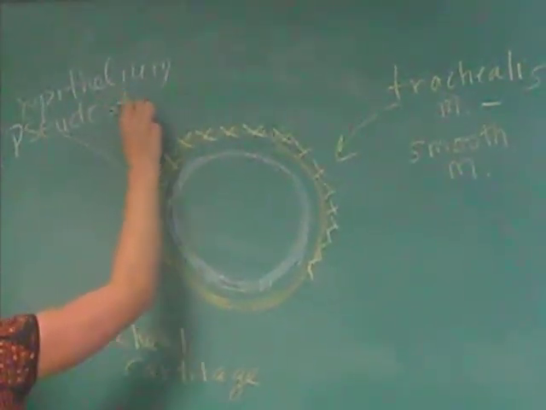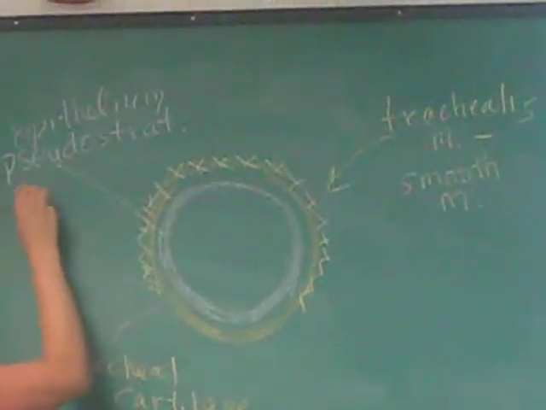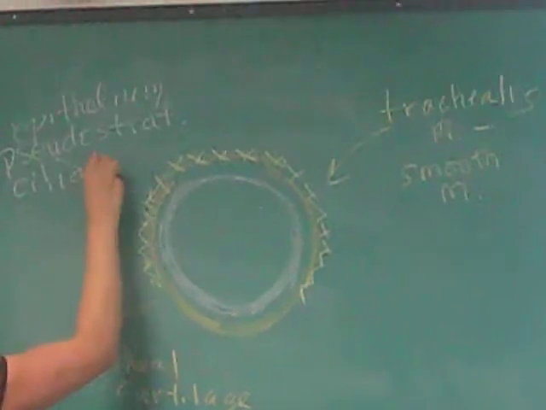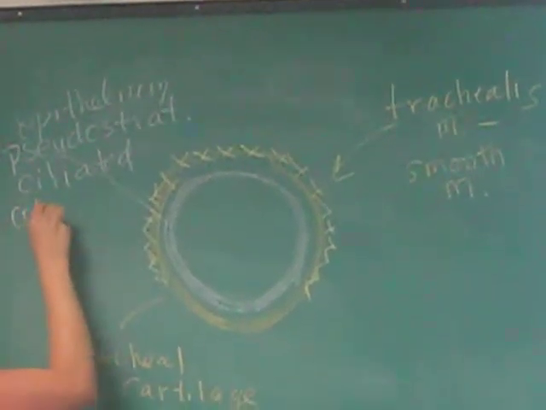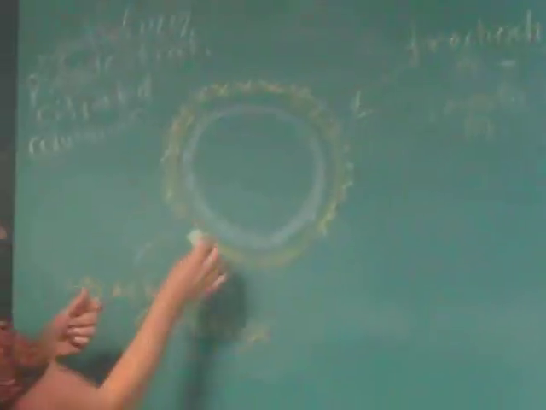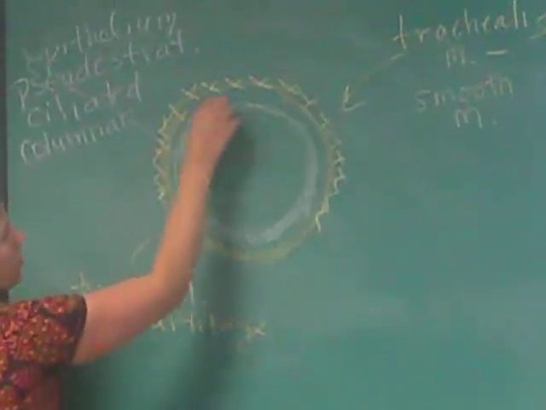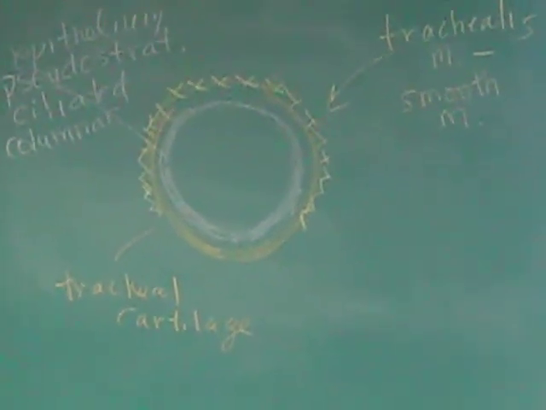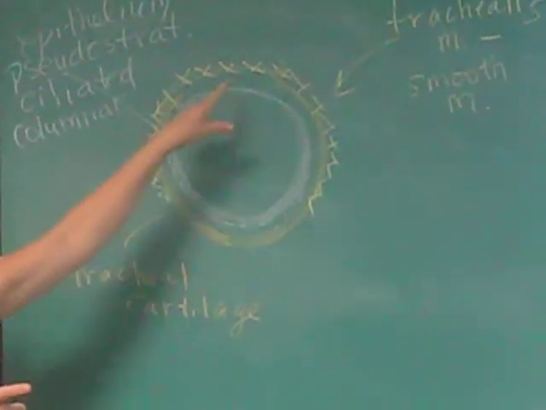I'm going to abbreviate because it's so darn long. Pseudostrat. Pseudostrat, right? Ciliated columnar. It's been a long week. Okay, pseudostratified ciliated columnar, and then you do have the underlying connective tissue too. Even though that's not on your list, I think it should be, but it's not on your list. So you would expect to see the underlying connective tissue there too.